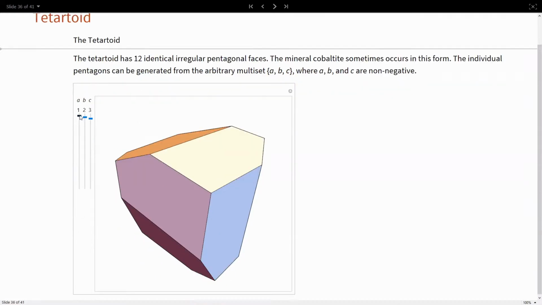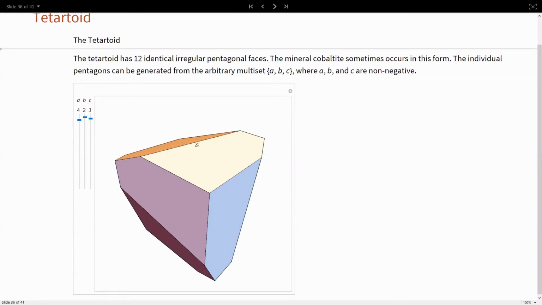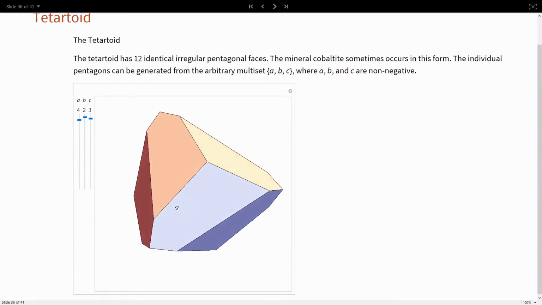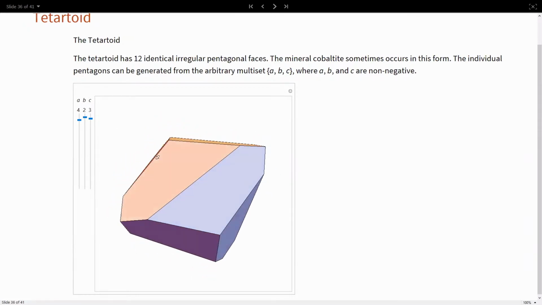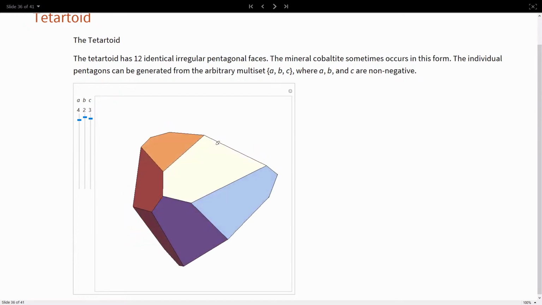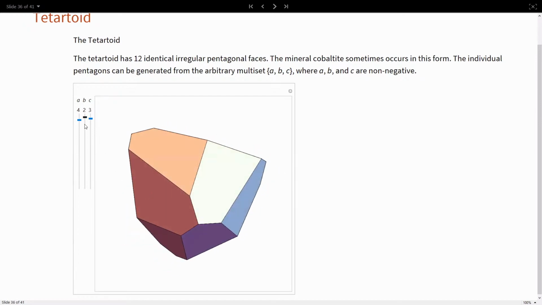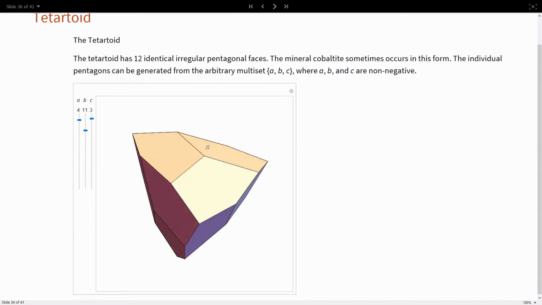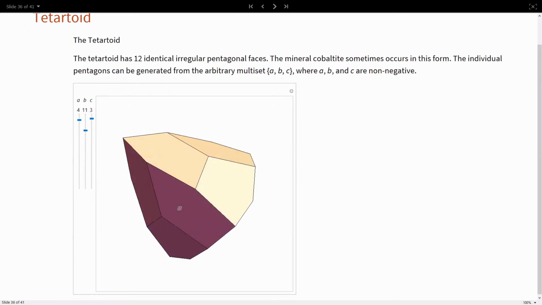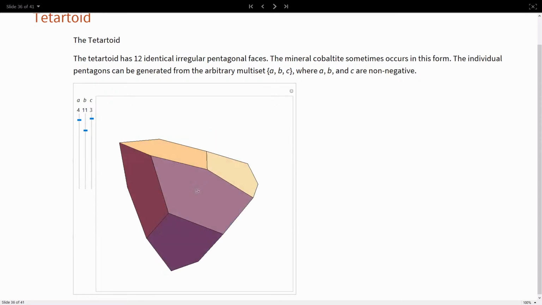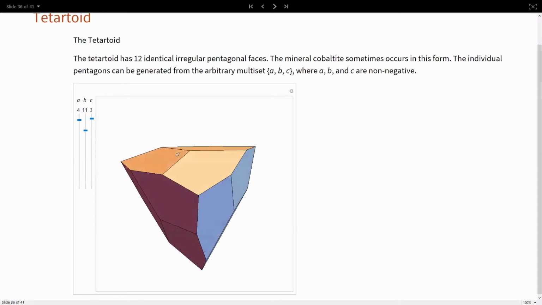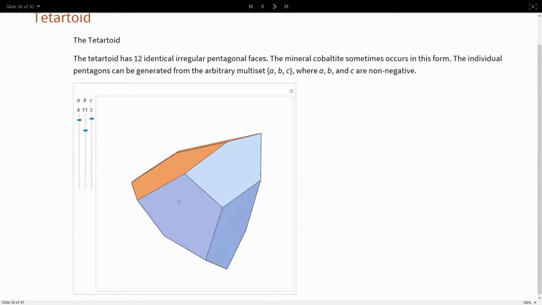Here's a set of planes. You have 12 irregular pentagon faces. When I was looking through the literature, this was an unsolved problem. And I'm thinking, why is this unsolved? You just need the equation of the plane.